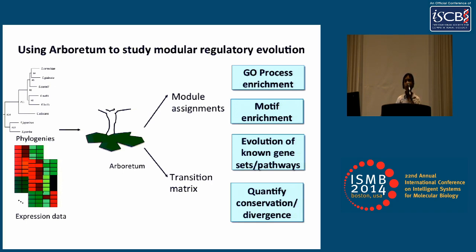And you can also use these inferred module assignments to actually study known pathways. And you can query the inferred module assignments to be able to see how these evolved across a particular phylogeny. And then we have some metrics that we use to try to quantify how much a particular gene or a module changed. So I'll tell a little bit about that.